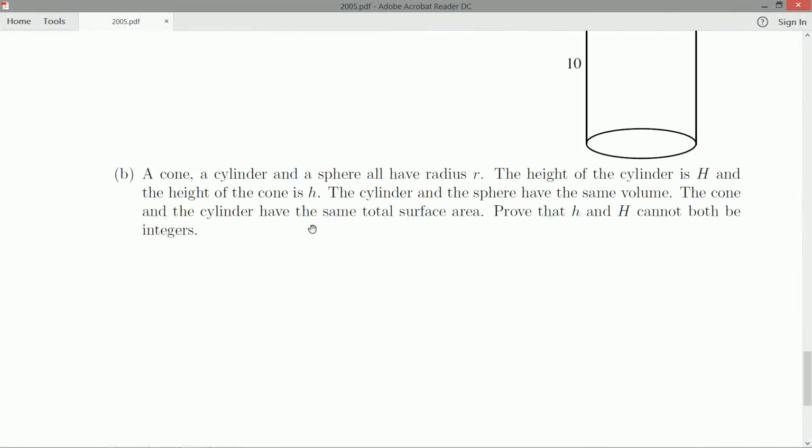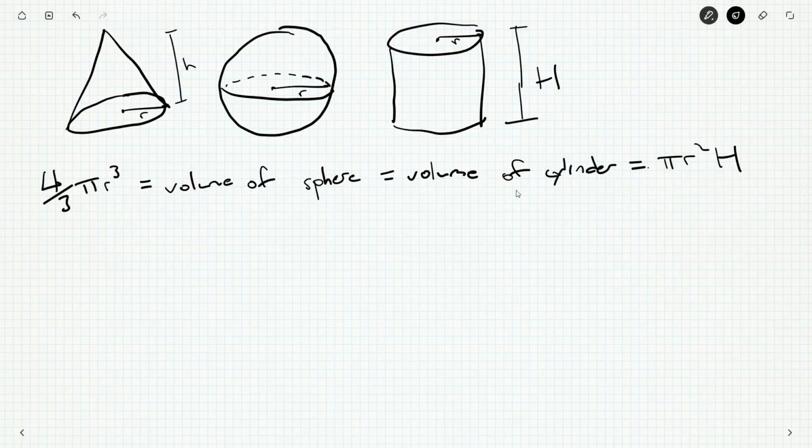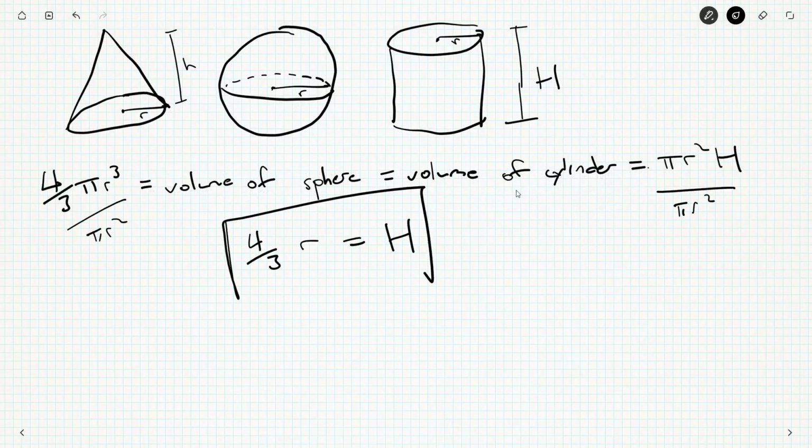It was that cylinder and sphere have same volume. Okay. So now if I take out the pi r squared here, so divide by pi r squared, divide by pi r squared, we get 4/3 r is equal to h. And we'll probably be able to get little h in terms of r, maybe. I don't know. We'll see.